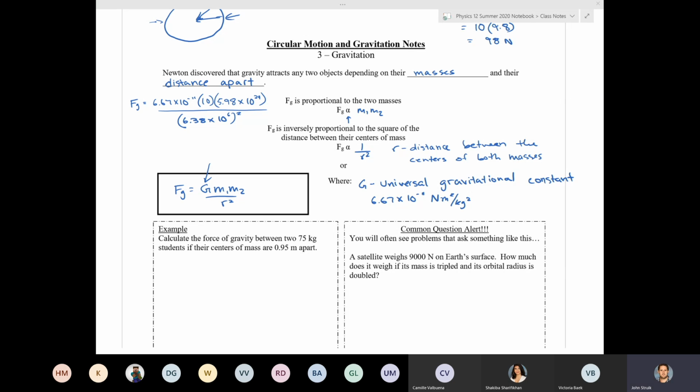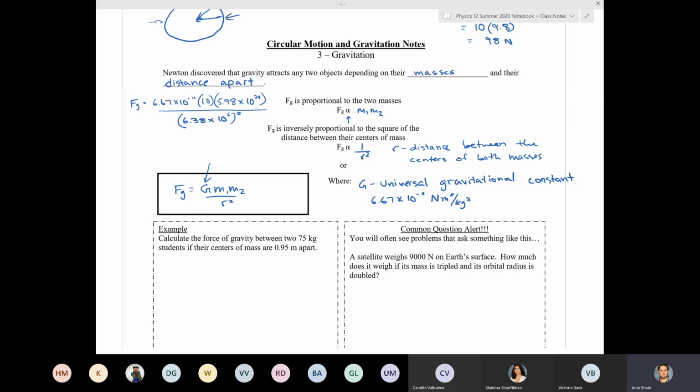Okay, on the second page should be all your constants. Here we go. The mass of the Earth is 5.98 times 10 to the 24, and the radius of the Earth is 6.38 times 10 to the 6. Perfect. Okay, I got it.